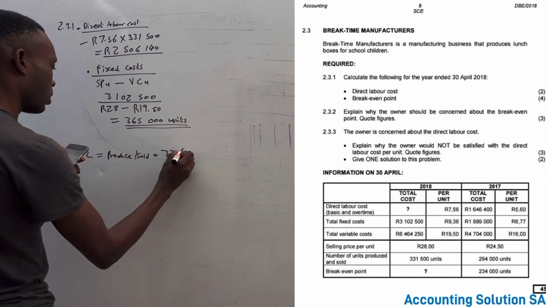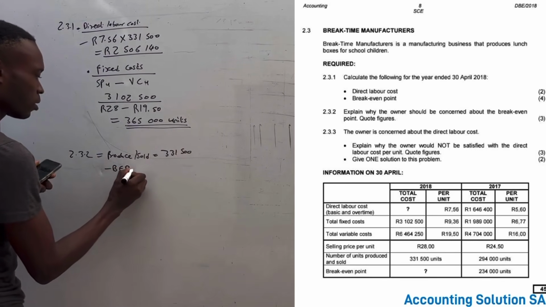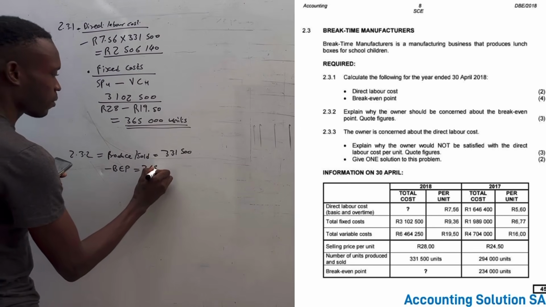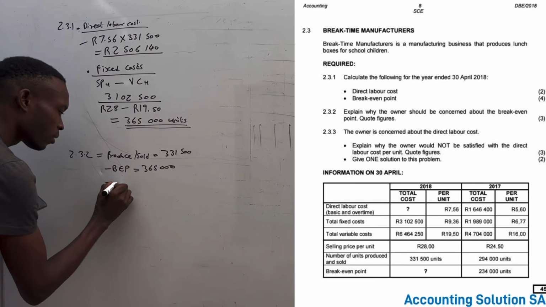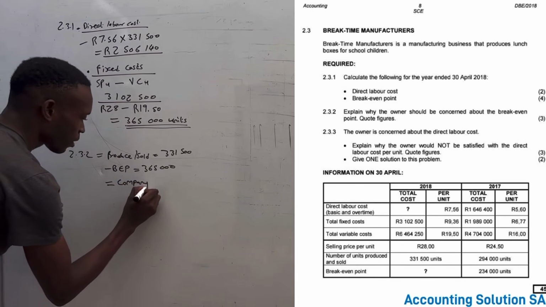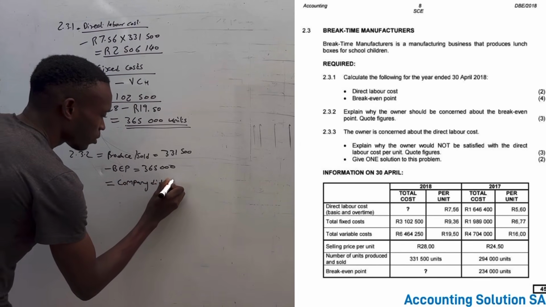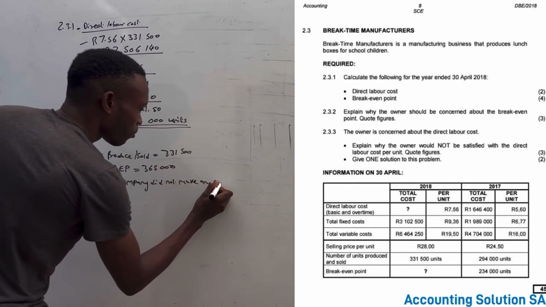331,500. And their break-even point is 365,000. In conclusion, the company did not make any profit.